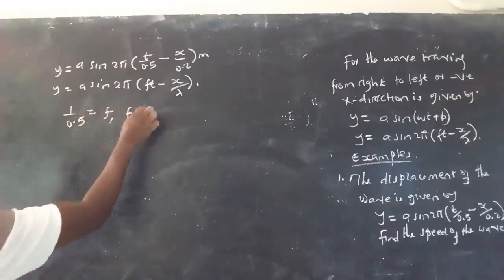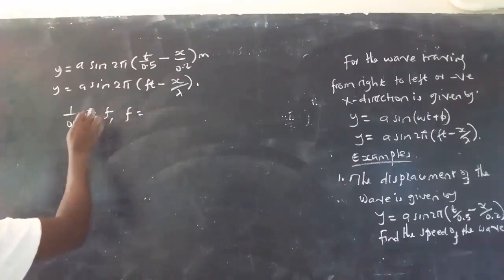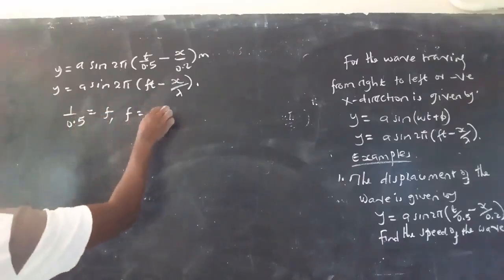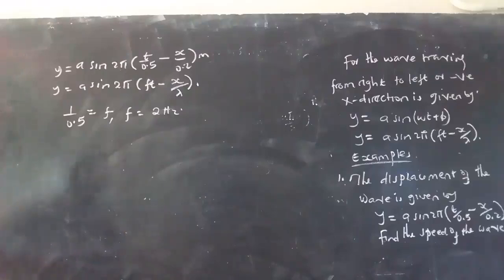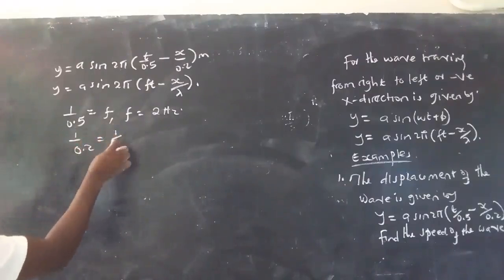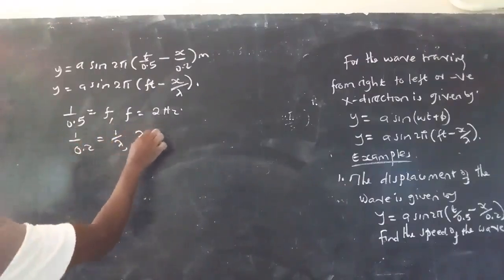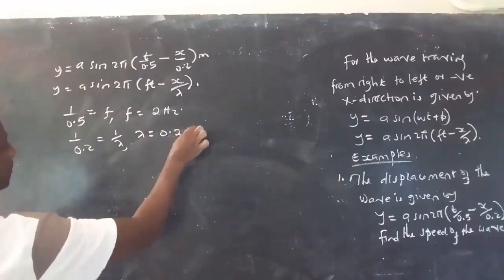So our f will become 2 Hz. Next, 1 over 0.2 is equal to 1 over lambda, so lambda will become 0.2 meters.